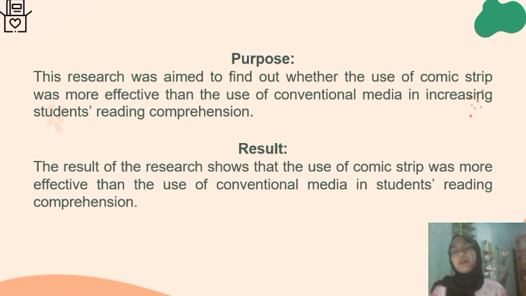And the purpose of this article is to find out whether the use of comic strip was more effective than the use of conventional media in increasing student reading comprehension. And the results showed that the use of comic strip was more effective than the use of conventional media in student reading comprehension. So maybe we can use comics to improve students' reading comprehension.